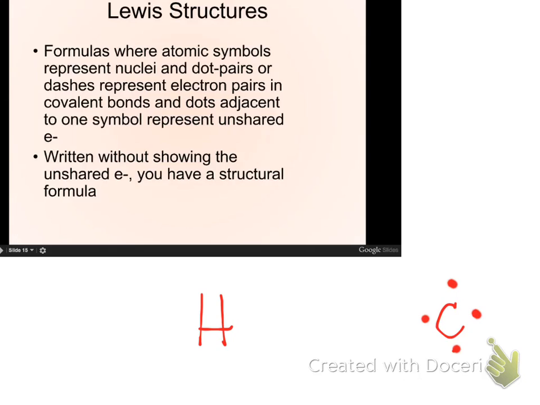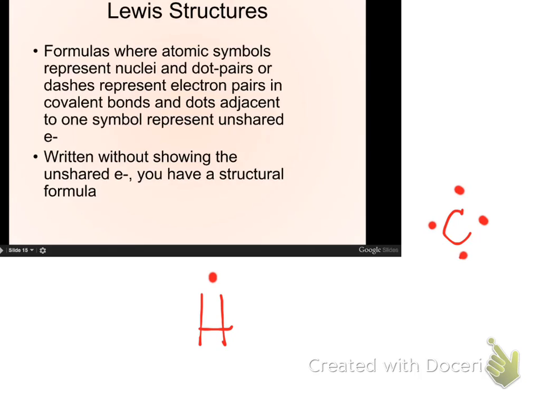How would you draw a Lewis dot for hydrogen? There's hydrogen. Well, we've got hydrogen, and what does hydrogen want to share to get to? It wants to be like helium. So hydrogen just wants to get 2. If hydrogen could get 2, it'd be really happy.